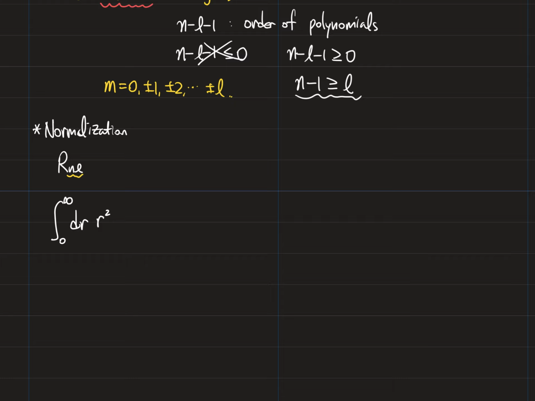The infinitesimal volume element is 4 pi r squared dr, but we are now focusing on the radial part, so we don't need the 4 pi. We just use r squared as the volume element. The other things are quite similar: you take the complex conjugate and multiply by the original function, and that should be 1.